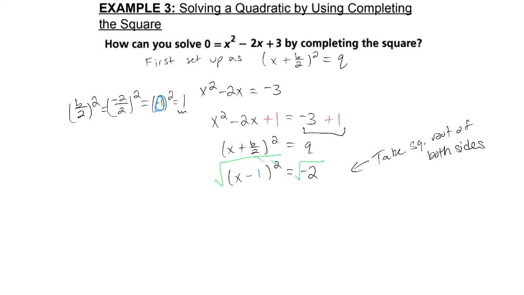We get x minus 1 equals, and now remember back to last section when we have a square root of a negative: square root of negative 1 is i. So we pull out an i, and we cannot take the square root of 2, so it stays as square root of 2. And whenever we take the square root, we get plus or minus.